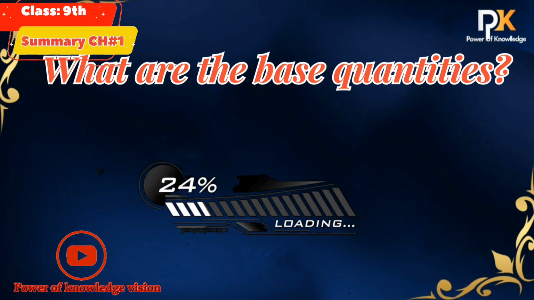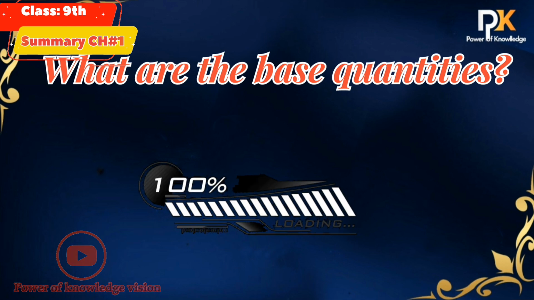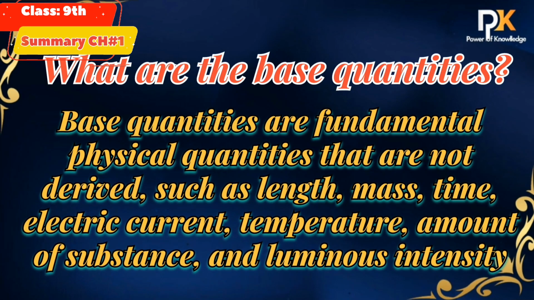What are the base quantities? The base quantities are fundamental physical quantities that are not derived, such as length, mass, time, electric current, temperature, amount of substance, and luminous intensity.